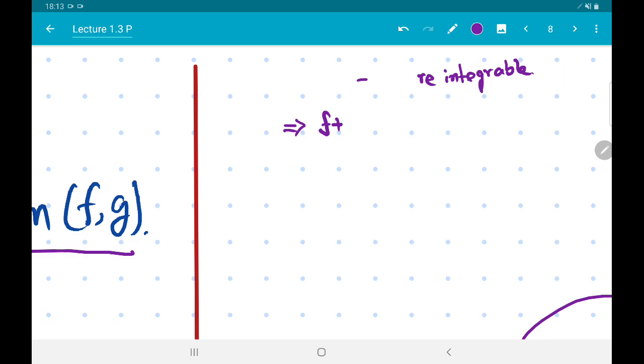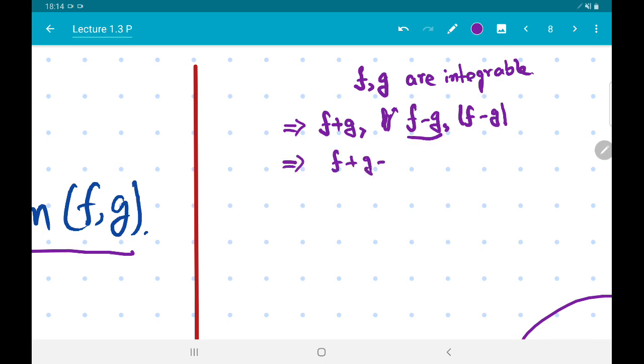We have also seen that f minus g is integrable, and if f minus g is integrable, then the modulus of f minus g is also integrable. So this gives us that f plus g plus modulus of f minus g is integrable.